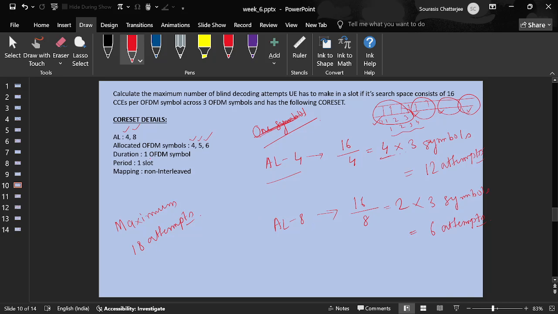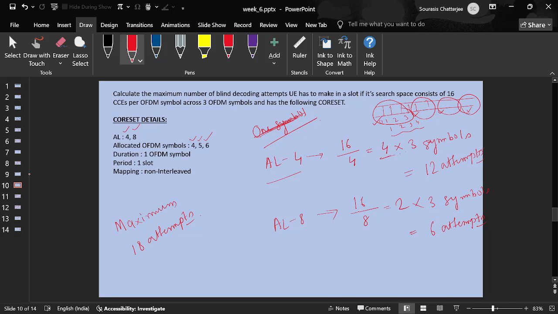And of course when you talk about the maximum number of blind decoding attempts, when will it happen? Only when the user's corresponding PDCCH is at the end of the highest aggregation level. So at aggregation level 4 there are 12 PDCCH candidates, each symbol has 4 candidates, so it will make 12 attempts there. At aggregation level 8 you are only allowed to start at the 0th and 8th CCE.